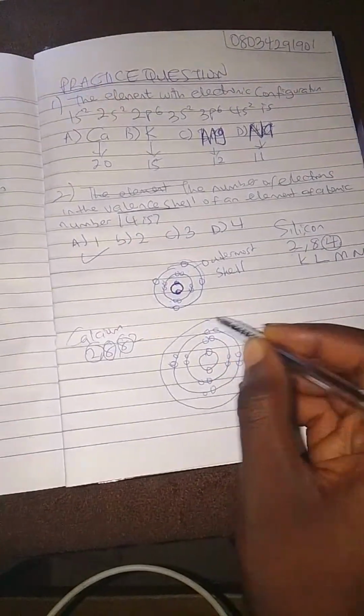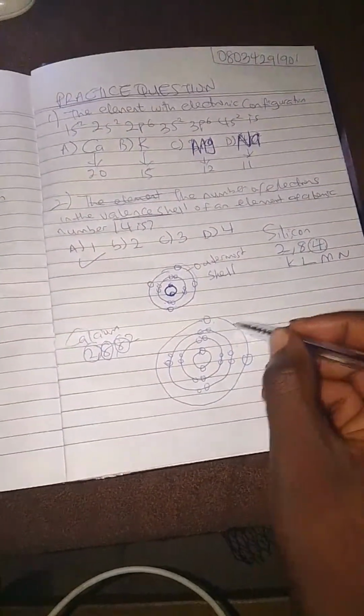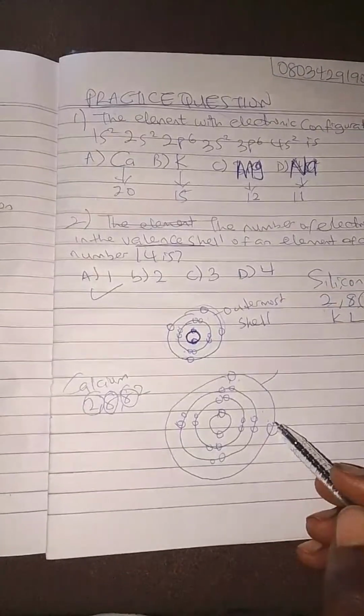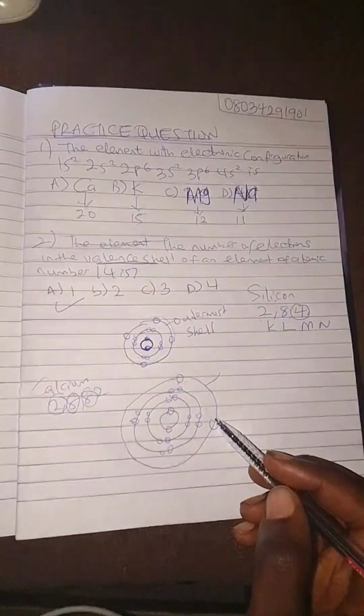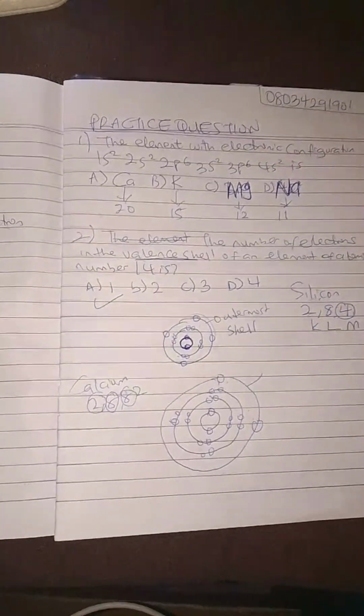The last one is 1, 2. So the outermost shell has 2, which means calcium has 2 valence electrons. So let's move to the next question.